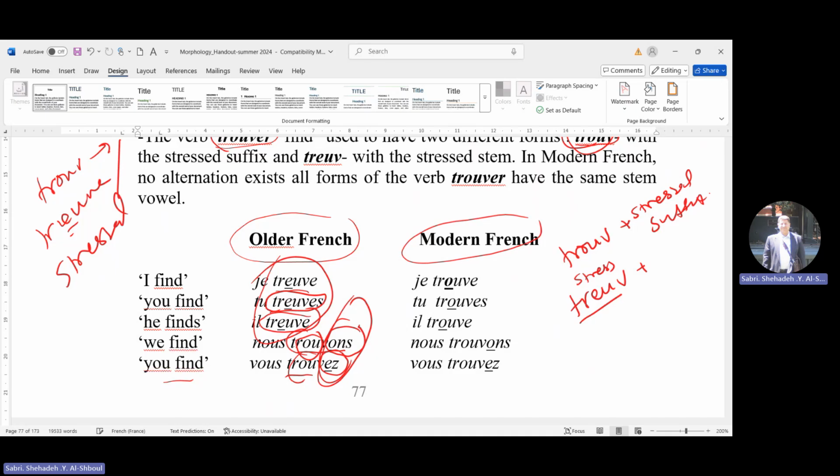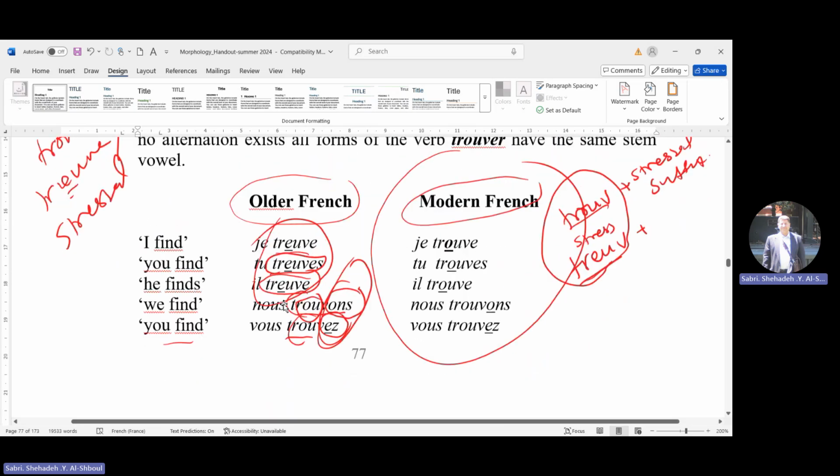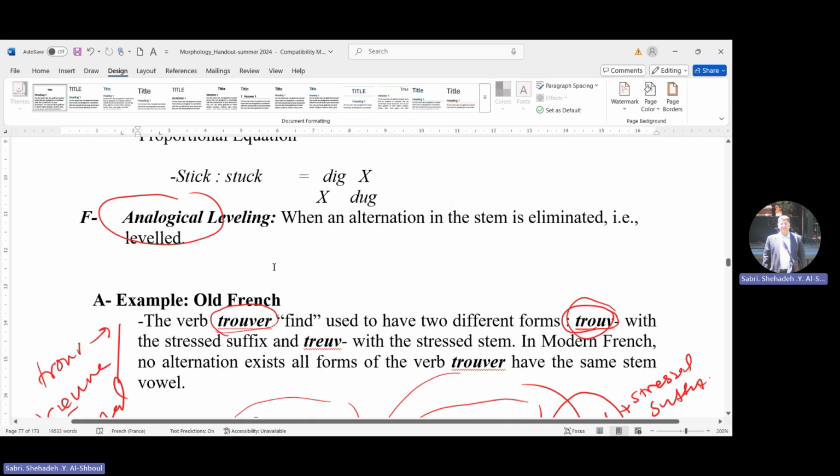According to Old French, there used to be two patterns, two modes of change, that are sensitive to stress. If we look into Modern French, we find a different story. The two forms, OU and EU, have been changed into only one. There is a kind of morphological neutralization, an analogical leveling.